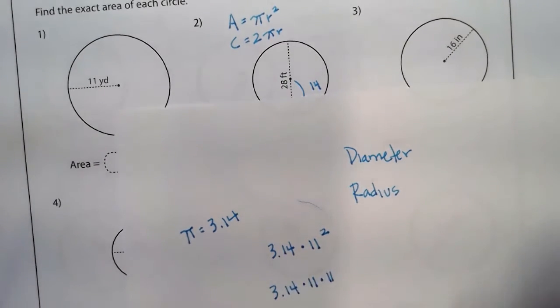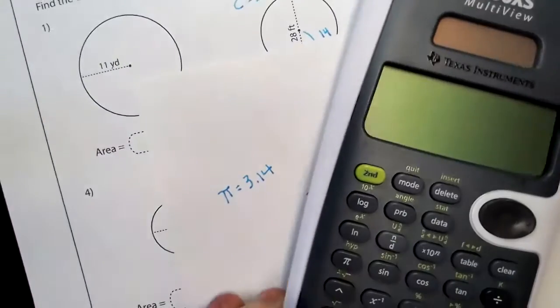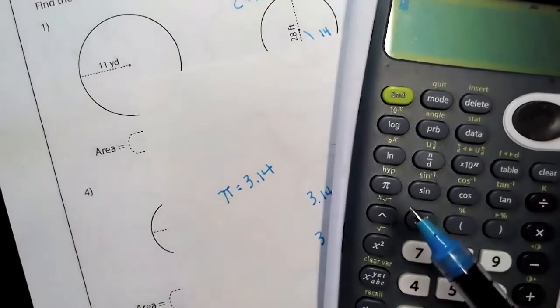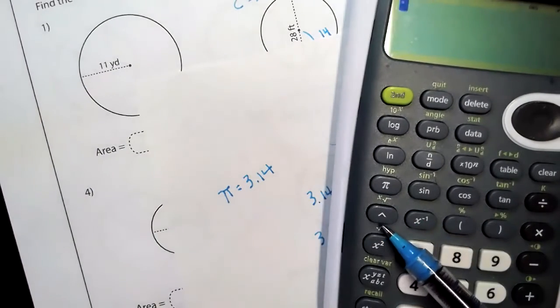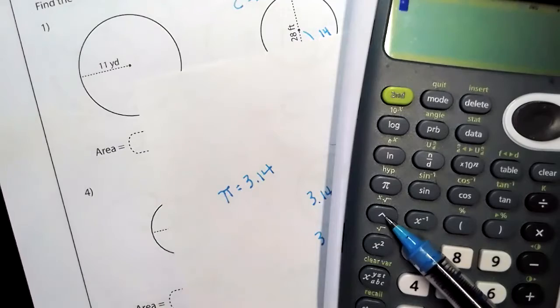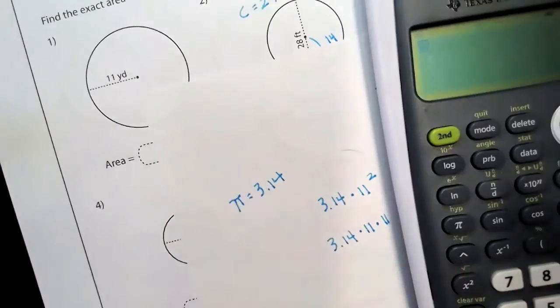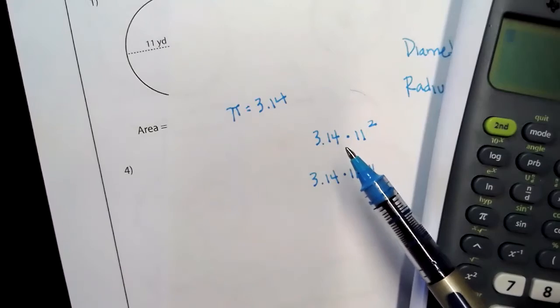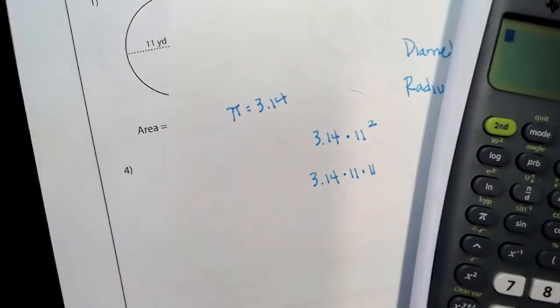Now, if you've got your TI-30XS, this is the calculator, the only calculator that you can use on the test. And right here, this little tent, this is your exponent sign. So I'm going to type this into the calculator.